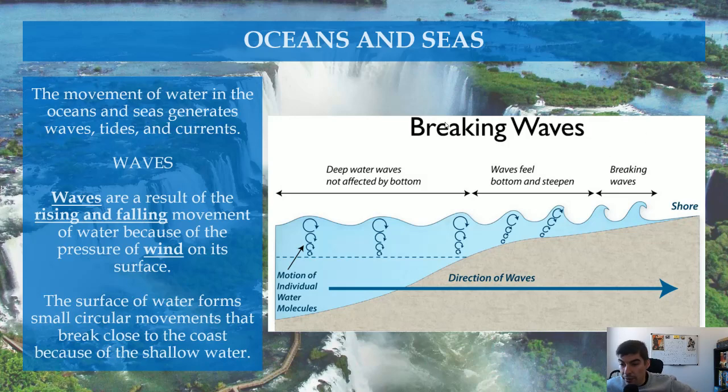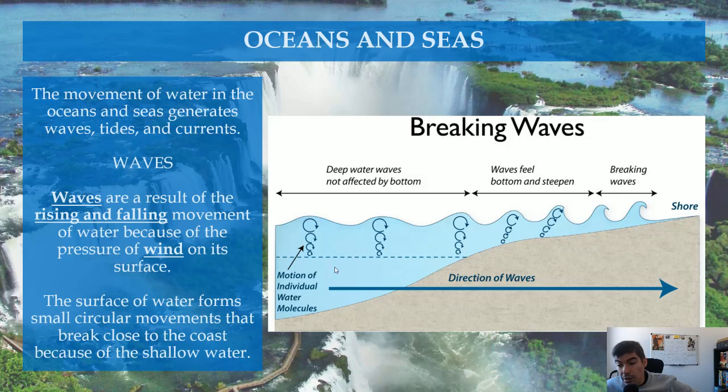Here in this diagram it is very well explained. The wind blows in this direction here to the right, and it makes this movement of the water. Okay, why? Because the water particles move like this in small circular movements.